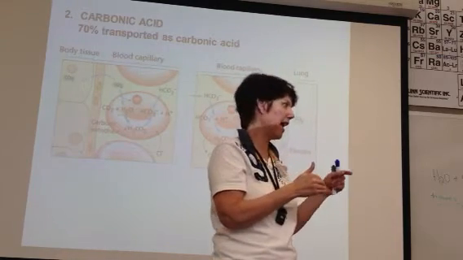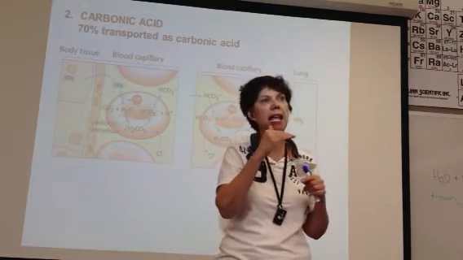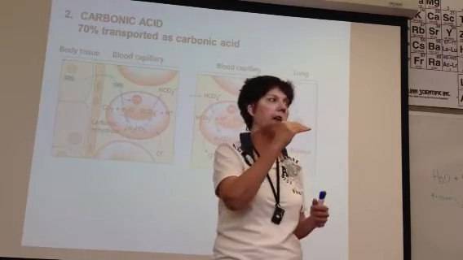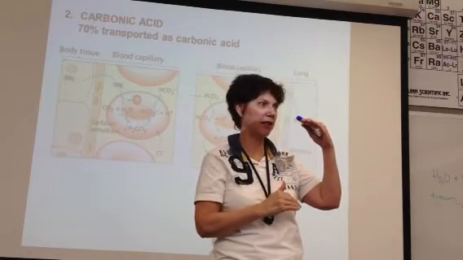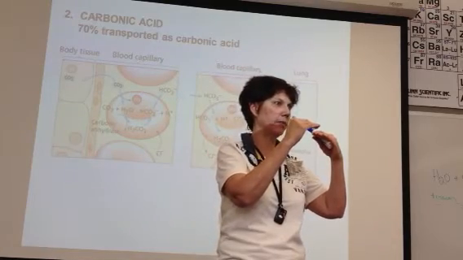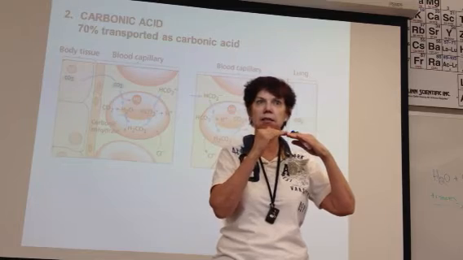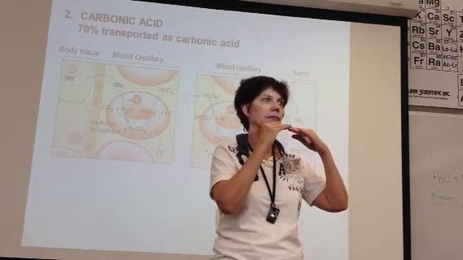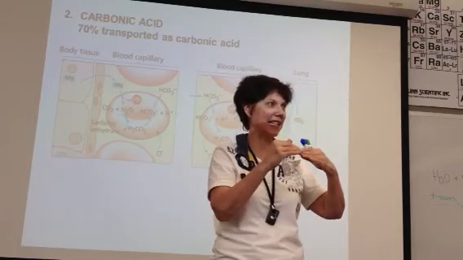It's not normal to have high CO2 in the arterial blood. All right? So elevated CO2 is a factor that is detected by the body first, rather than the drop in oxygen. Now with elevated CO2, are we also going to have elevated hydrogen ions? Yes. Okay, because CO2 is converted to carbonic acid.